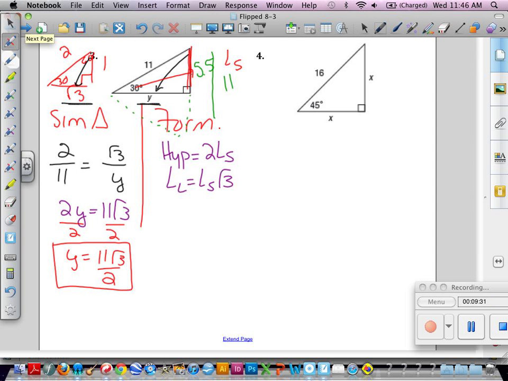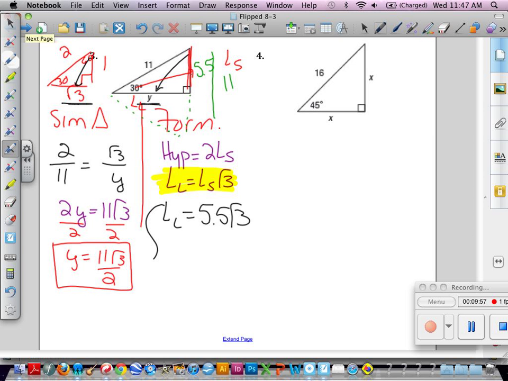That's my short leg, because across from the 30 is the short leg. Across from the larger angle is the long leg. So I'm going to have to use my long leg formula. I already got my short leg using my equilateral trick. So now I've got long leg equals 5.5 root 3. Now when you look at that, you're saying, wait a minute here, that's not the same answer.